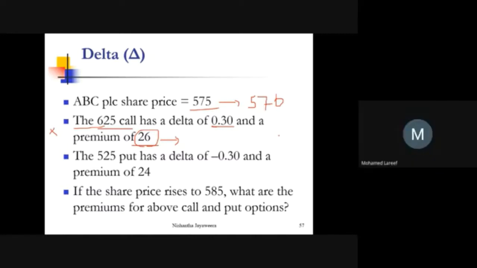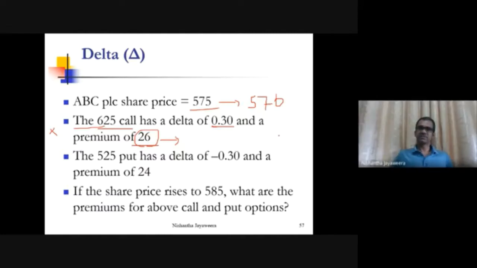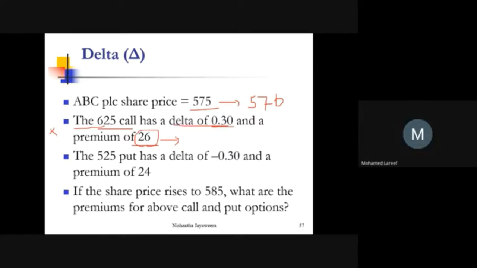So the premium increases. Increases up to what? $1. The delta is 0.3.